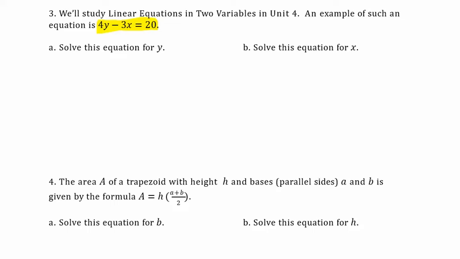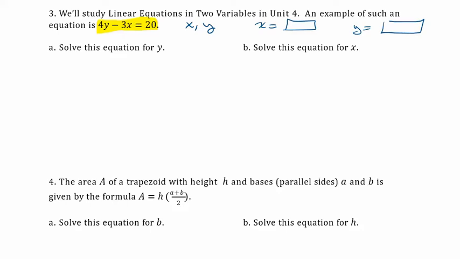We're just highlighting what's coming and why the skill you're learning right now is going to be useful in the future. Right now, this formula has two variables, x and y, and it is not solved for either variable. If it was solved for x, it would say x equals, and then a bunch of stuff over here. If it was solved for y, it would say y equals, and then a bunch of stuff. It's not solved for any variable.